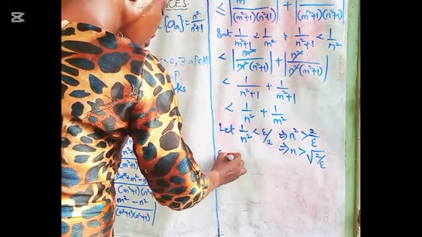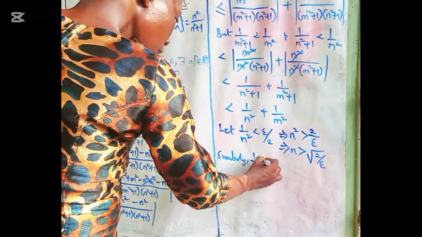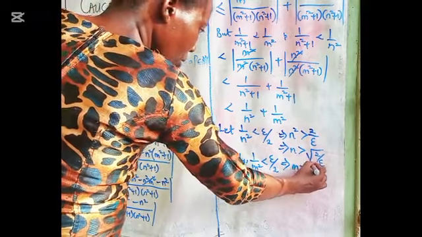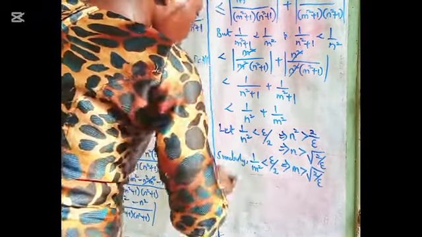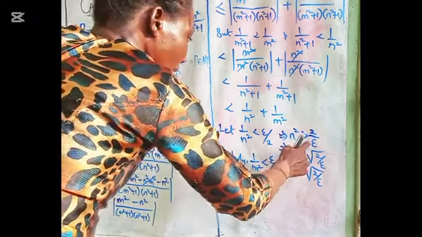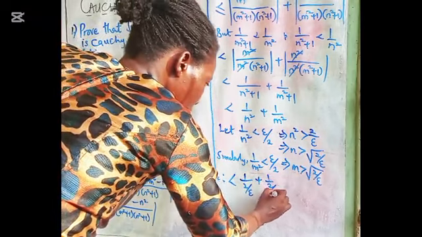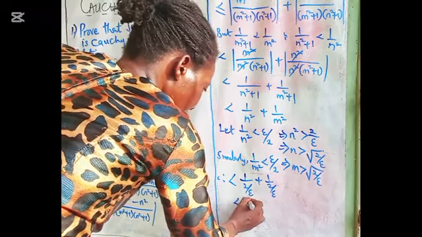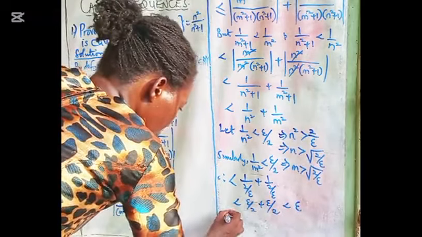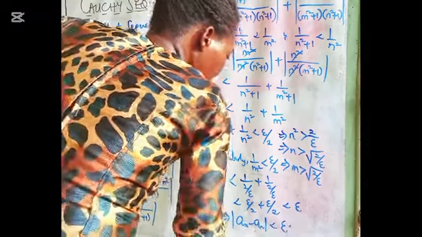And similarly, 1 over m squared is also less than epsilon over 2, which implies that our m will also be greater than the square root of 2 over epsilon. Therefore, what we have there will be less than what? 1 over 2 over epsilon plus 1 over 2 over epsilon. And that is less than epsilon over 2 plus epsilon over 2, which is less than epsilon. That implies that a sub m minus a sub n is less than epsilon.